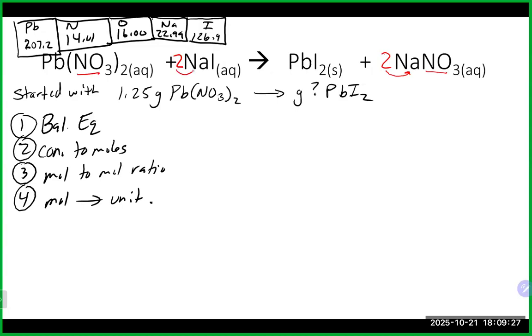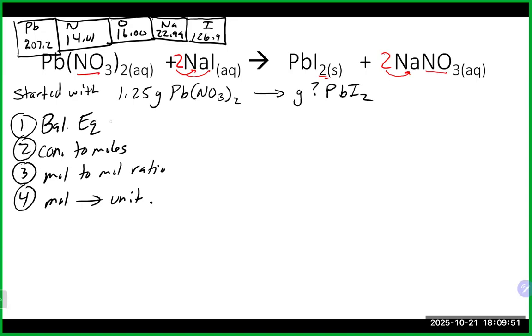That gives us 2 sodiums and 2 iodines, and that's good because we do need 2 iodines over here. And now we're balanced. We also have 1 lead on each side. So remember, it's a lot easier to balance polyatomic ions by keeping them together, balancing them as units. Any questions on the balancing part?